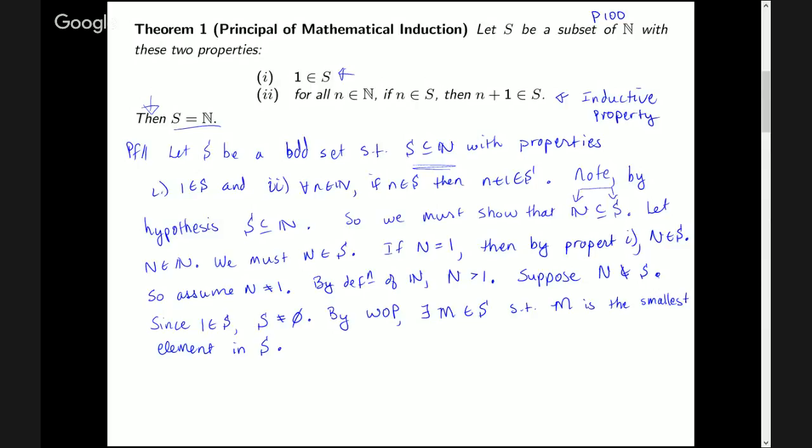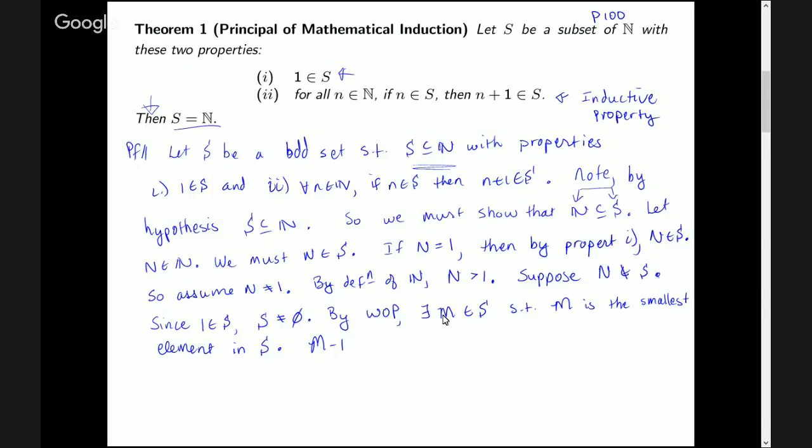Now, tell me about M minus 1. Is that bigger than M, smaller than M, or equal to M? M minus 1's a number. It's an integer.